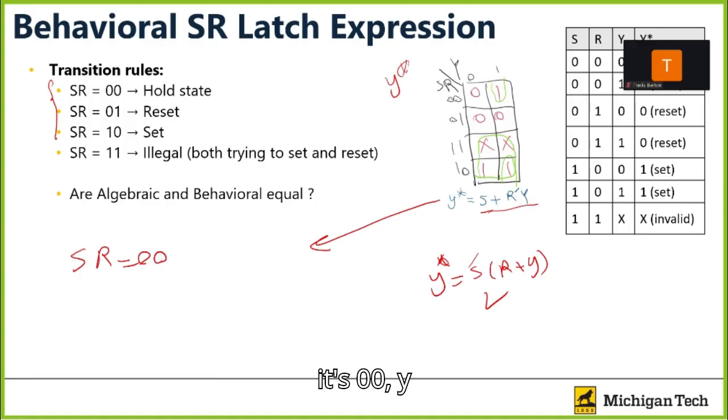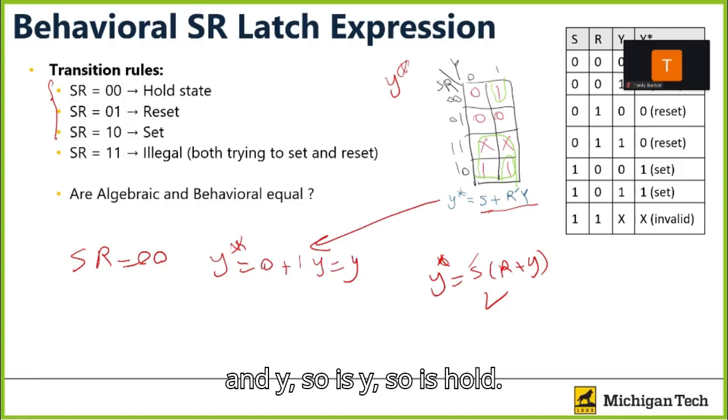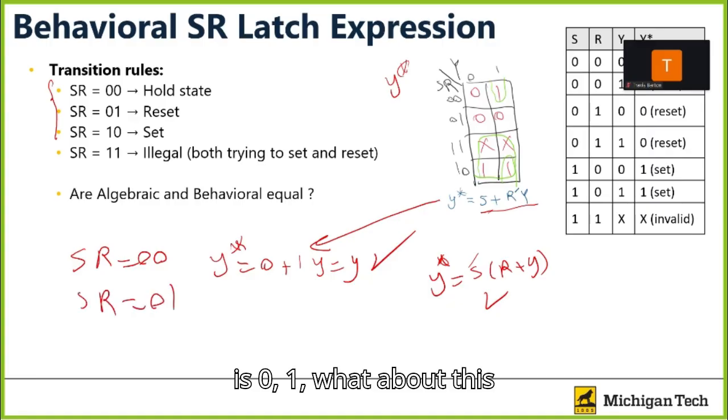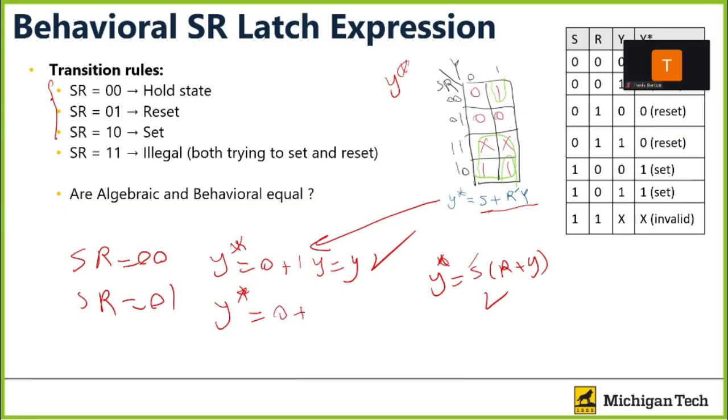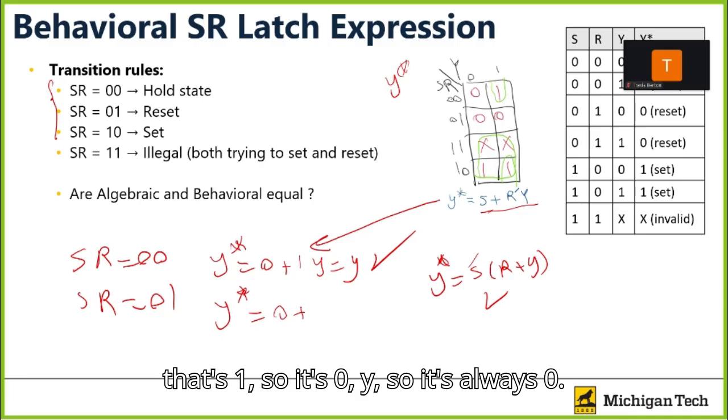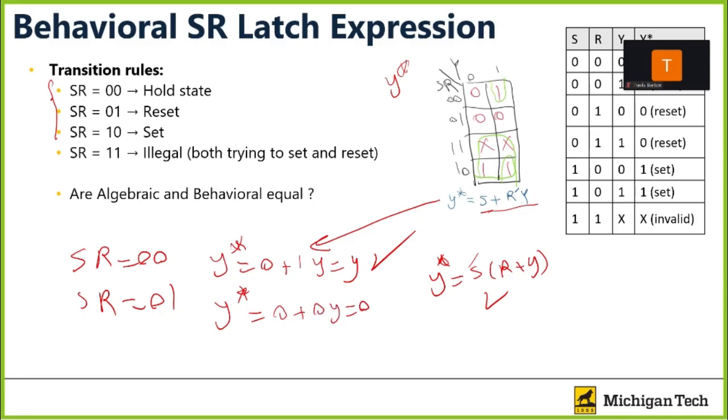So if it's 0, 0, Y star is equal to S is 0 plus R bar is 1 and Y, so it is Y, so it is hold, so it's correct. If SR is 0, 1, what about this one? Y star is equal to S is 0, so 0 plus, that's 0 times Y, so it's always 0. So this is reset, so it's correct too.